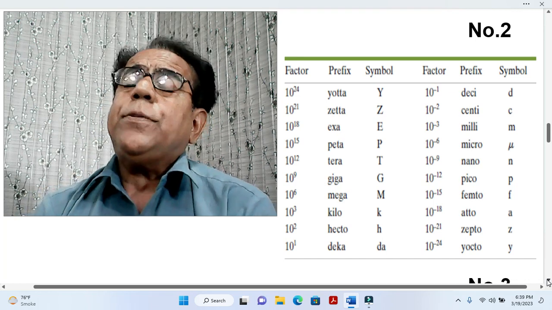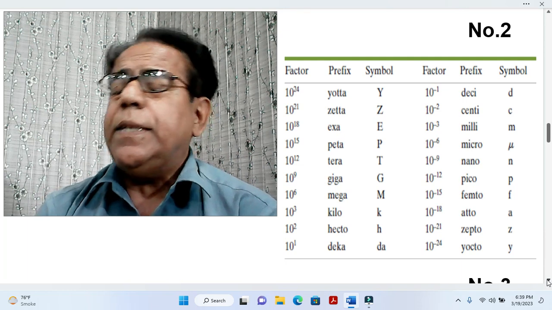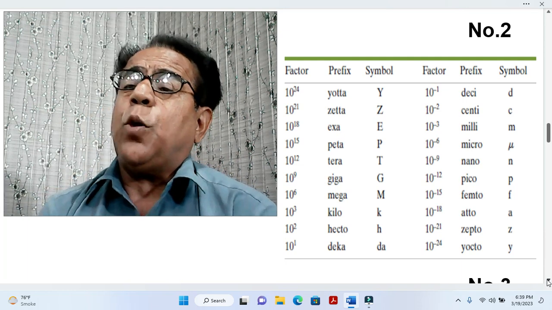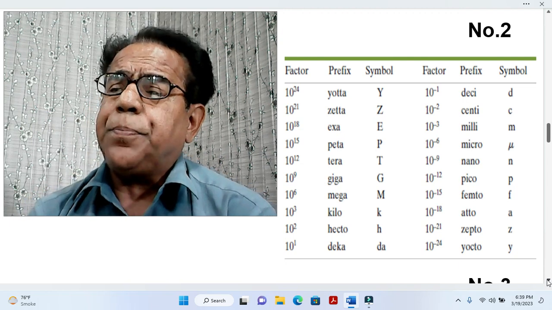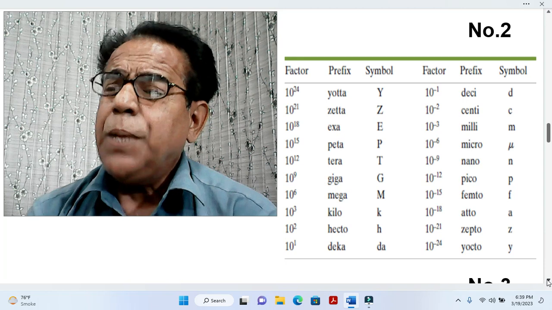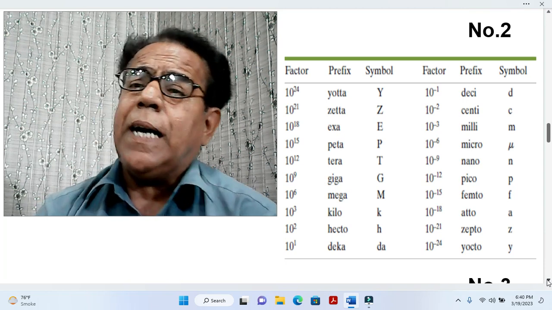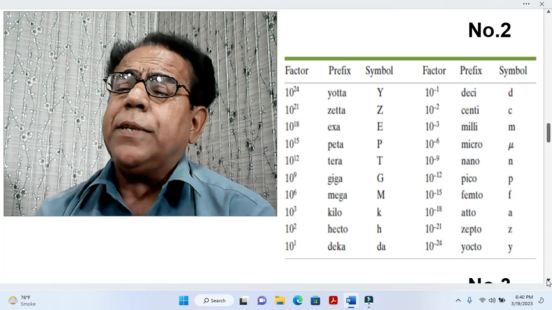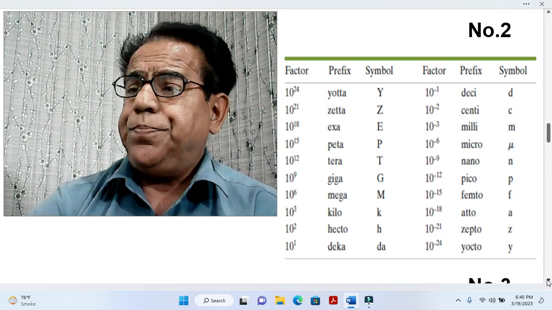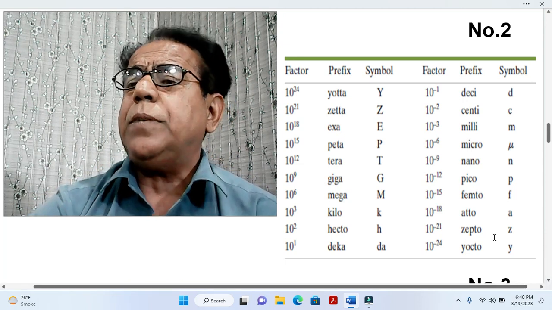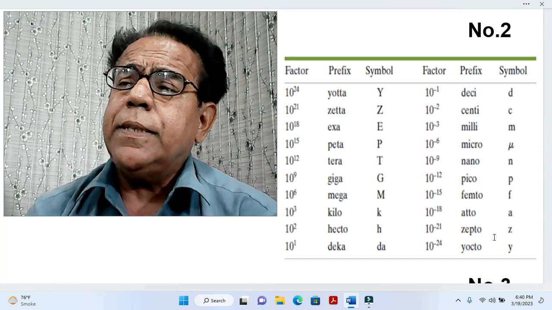Dear students, this is the next tool likely to be used in this problem, and this tool is only about prefixes, that is from 10 raised to the power minus 3 or plus 3 to 10 raised to the power minus 24 or plus 24, with the difference of multiples of 1000 or division of 1000.